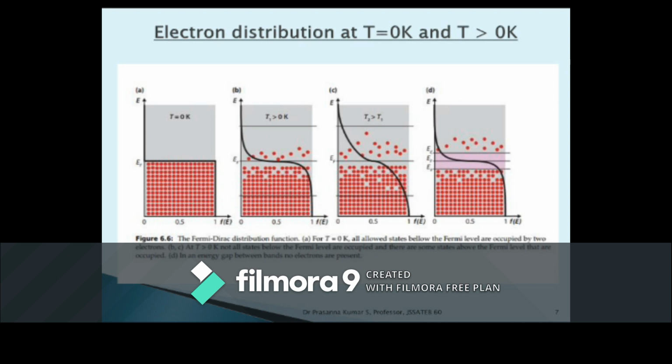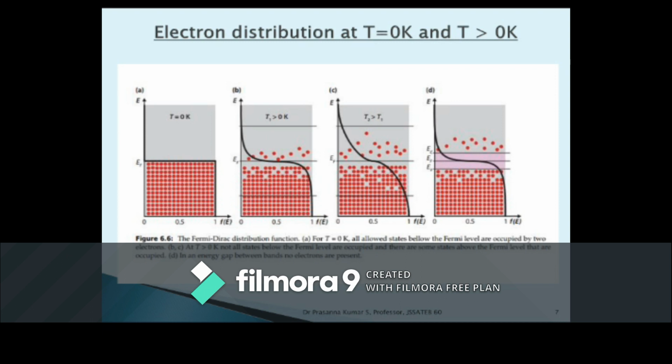That's how it is. Therefore at T equal to 0 K, the probability of occupation for all states E less than EF is 1 because you have the electrons there. Above EF, you don't have the electron or the particle, therefore the probability of occupation is 0.